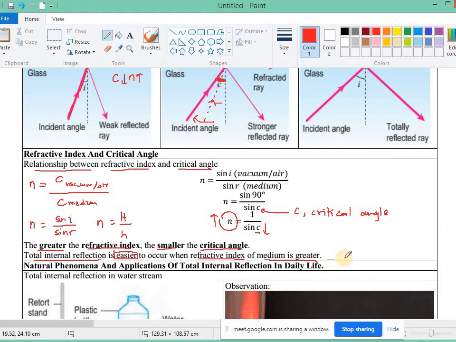If the medium has a bigger refractive index, then it is easy to have total internal reflection. That means the incident angle does not need to be very big to get total internal reflection. So for example, like this.